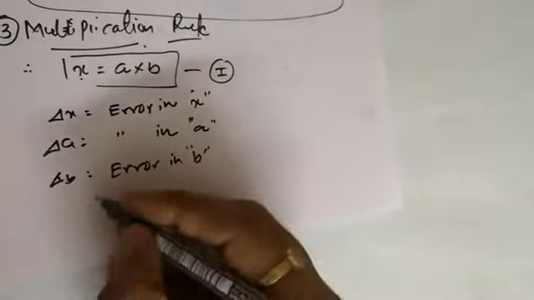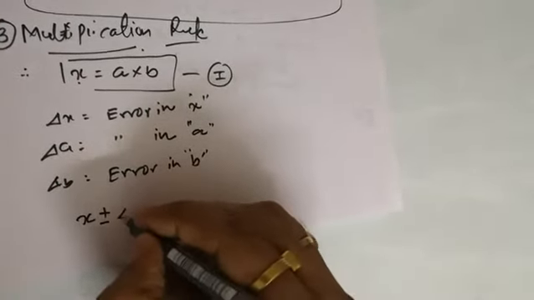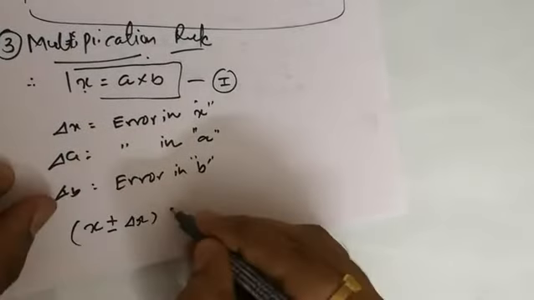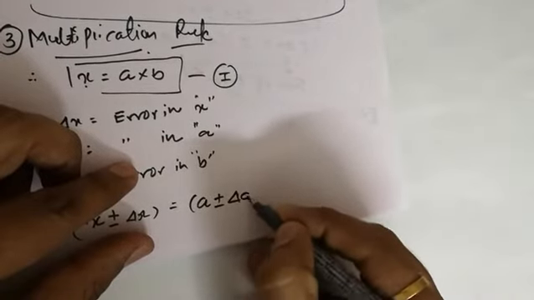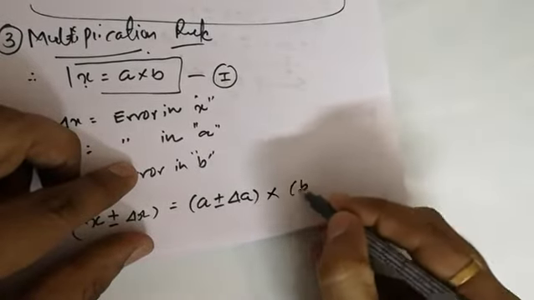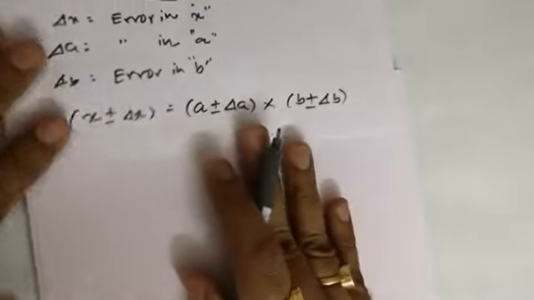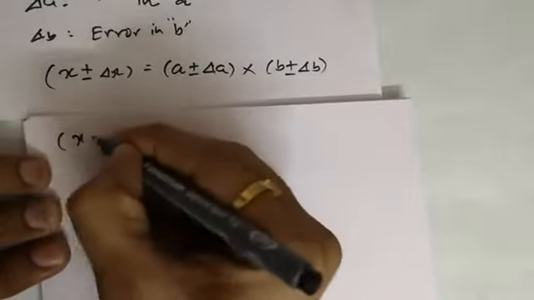Following the same course, x plus or minus delta x equals a plus or minus delta a multiplied by b plus or minus delta b. Applying general mathematics, there are two options, and I am putting both in front of you.